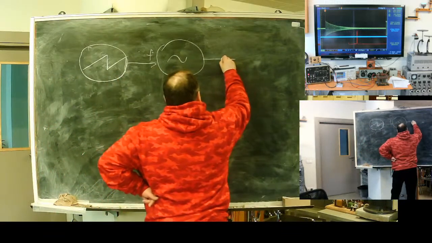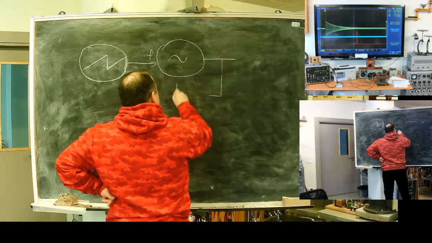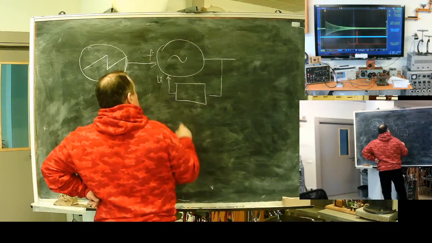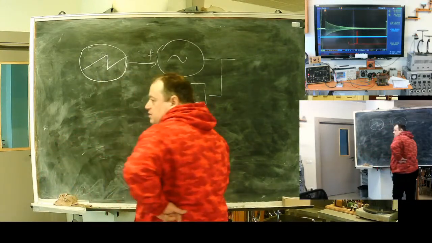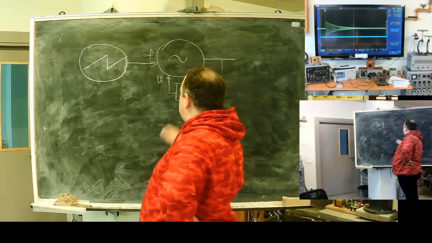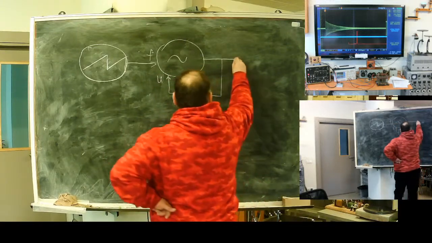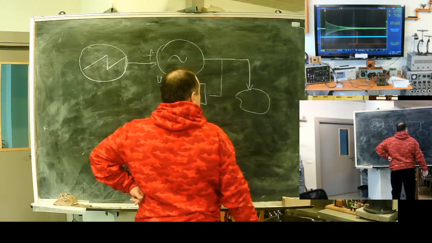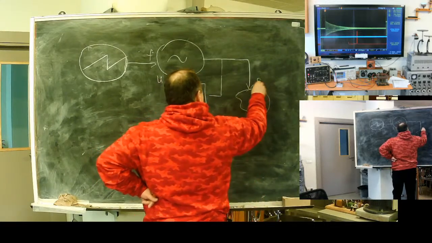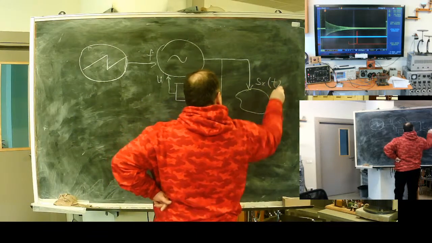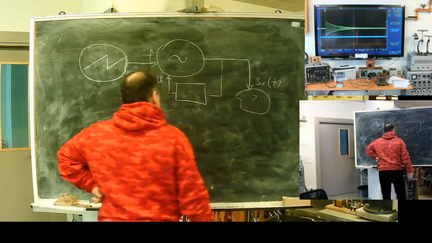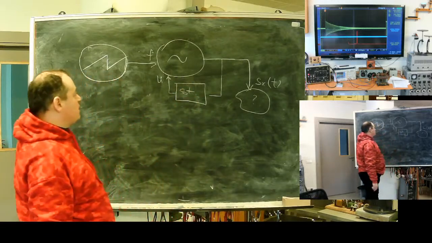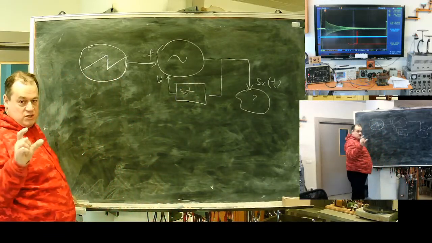Also, we will need a stabilizer to keep this generator voltage constant. This is the stabilizer to ensure the generator voltage remains unchangeable. And this voltage let's use as an input signal for some network.